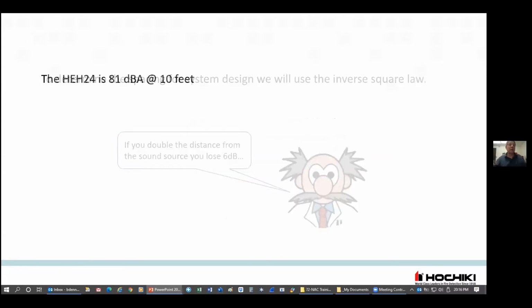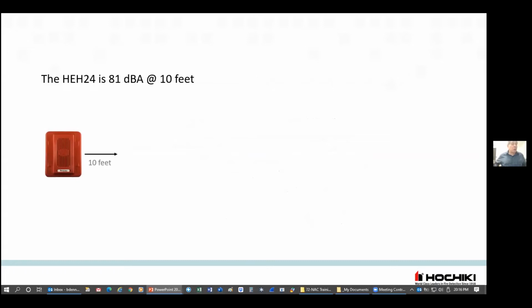Let's take a look at it here. We know, according to the data sheet, that 10 feet away, it's going to be at least 81 decibels. If we double 10 feet to 20 feet, we're going to lose 6 dB. So 81 minus 6, we're down to 75.